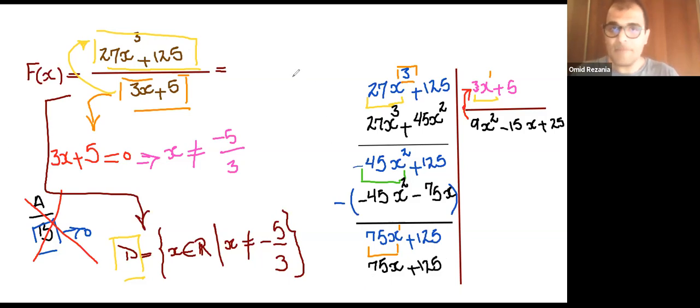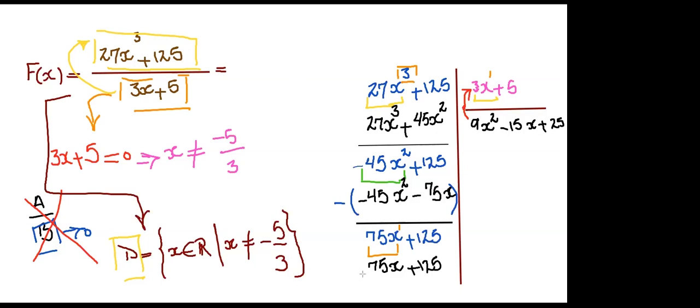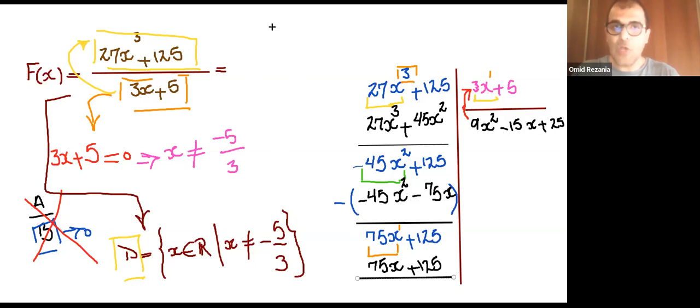Correct? Yes. Fantastic. Then what's going to happen if I close this step? I'm just going to subtract this term from the previous remainder, and I get the 0 remainder. Is it correct, guys? Everyone is following me so far? Yes.